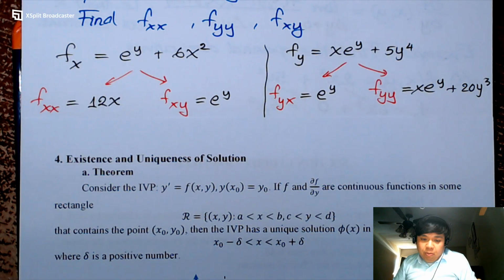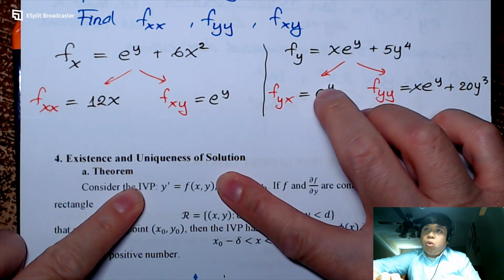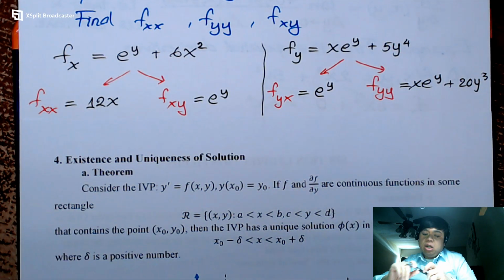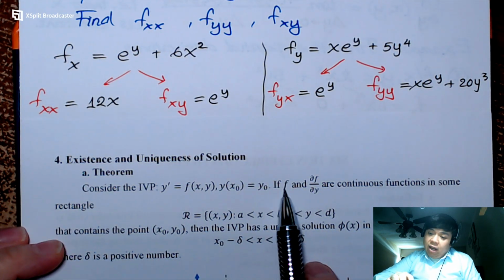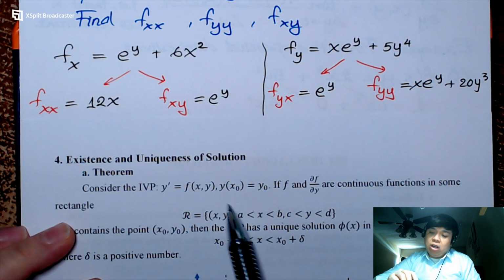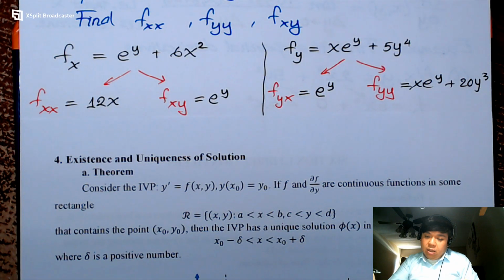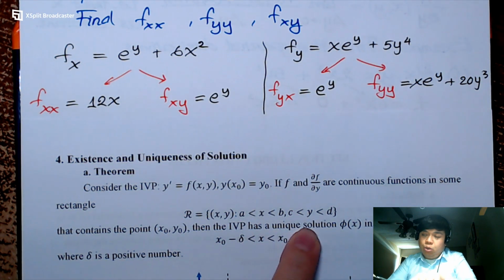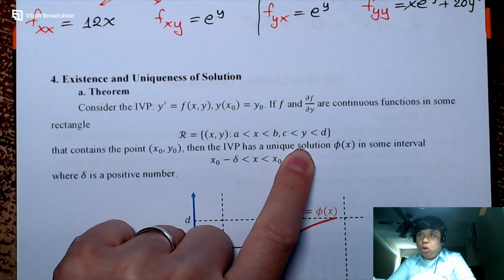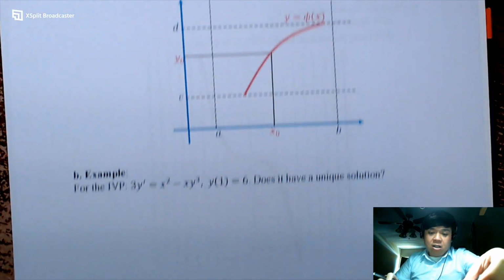If we have an initial value problem from a differential equation and the condition, and if f and the partial derivative of f with respect to y are continuous in some rectangle containing the point, then it has a unique solution. So the solution exists and is unique on that interval. All right, so that's the theorem.